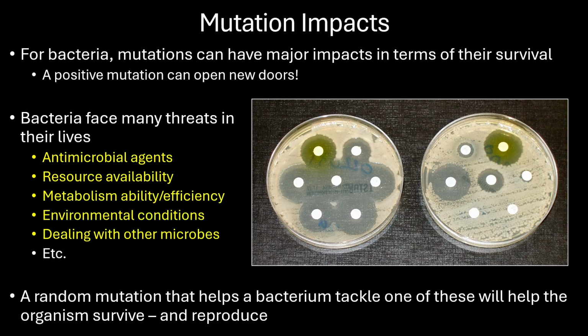Bacteria face a number of different threats from their environments: antimicrobial agents, resource availability, the ability or efficiency of their metabolism relative to their environmental demands, their environmental conditions themselves, and dealing with other microbes too. A random mutation that ends up helping the bacterium could help it tackle one of these significant threats that it faces and help the organism survive and reproduce.